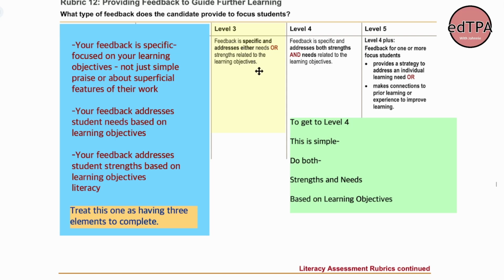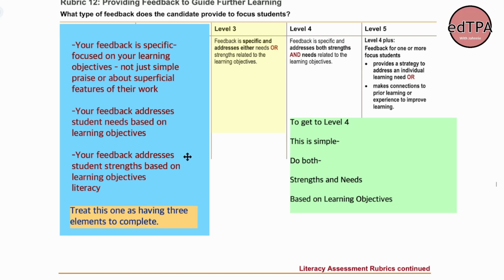So you have a choice here, but you really want to try to address both. These are necessary: your feedback is specific, focused on your learning objectives, not just simple praise or about superficial features of their work.